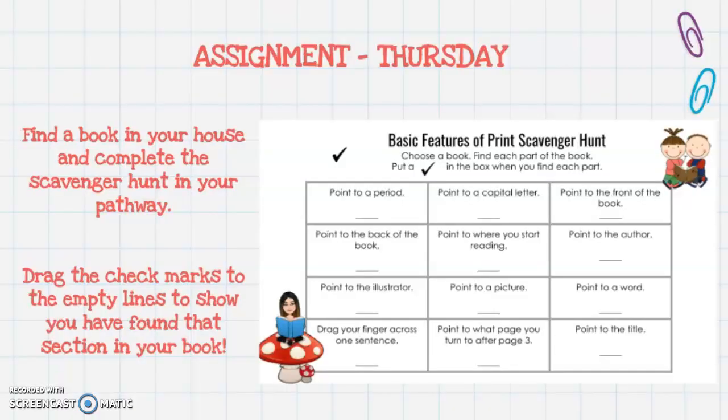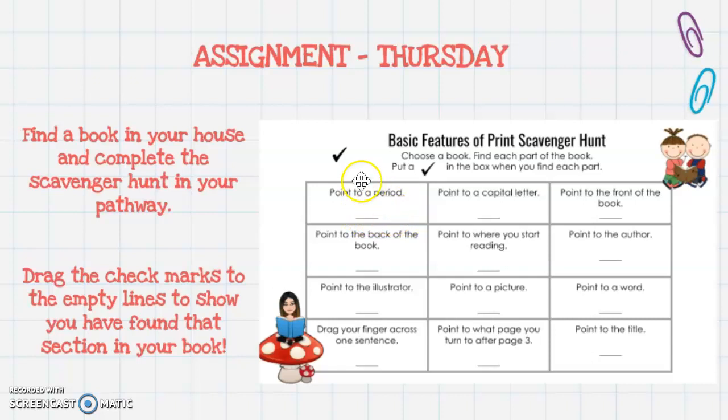Now let's talk about your assignment for today, Thursday. Find a book in your house and you're going to complete the scavenger hunt. In your pathway, you will find this slide. On this slide, you are going to do what it says with a book that you have at your house. So with a parent, you're going to go through and read these boxes. This one says point to a period. So in the book that you have, you will find a period.